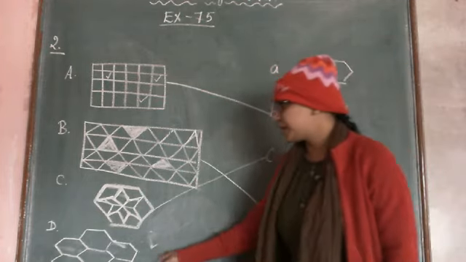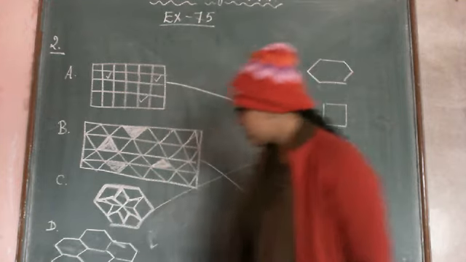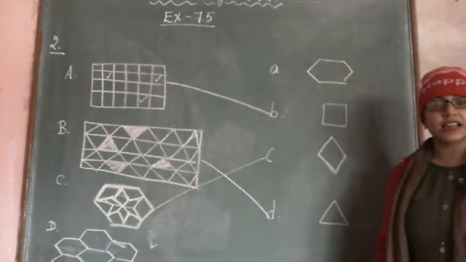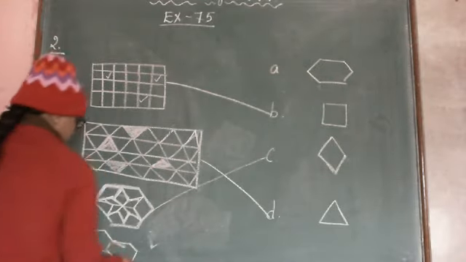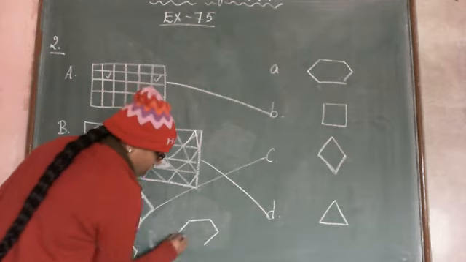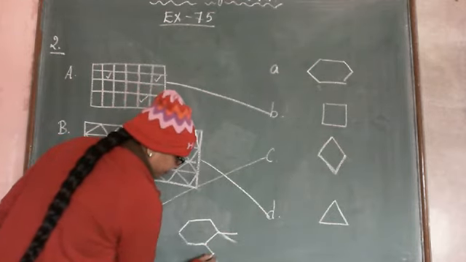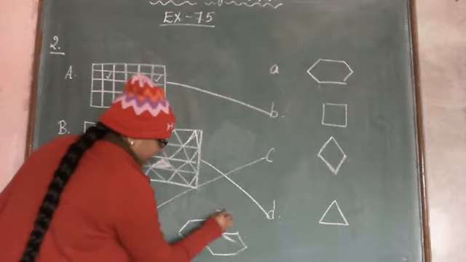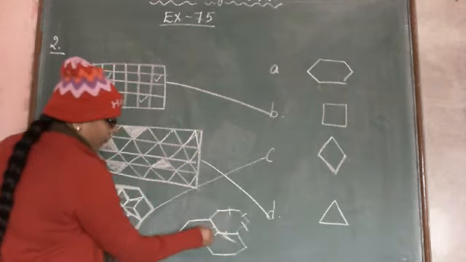Now the last one. These all are the hexagons. See, hexagon is having 6 sides. The beehive like structure is there. All of them are having 6 sides. 1, 2, 3, 4, 5, 6.